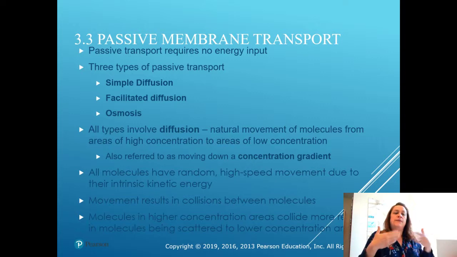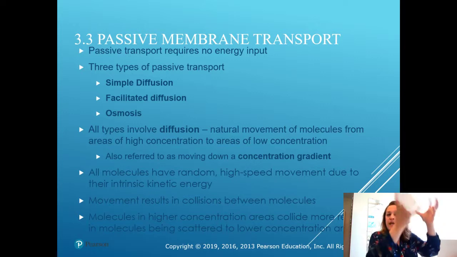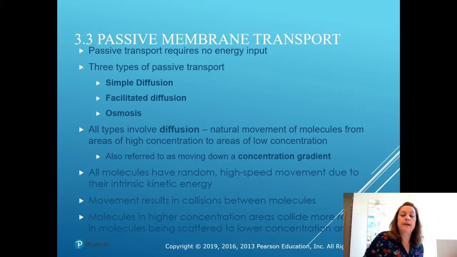When I inhale, the air that I just took in has a high concentration of oxygen. The air that was in my lungs has a low concentration of oxygen because it has already been absorbed into my blood. So it's high to low, which means it's going to go from the air I just breathed in into my lung tissue, down its concentration gradient from high to low.